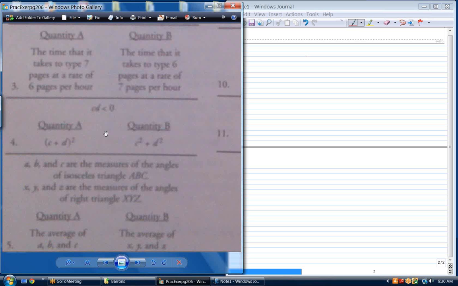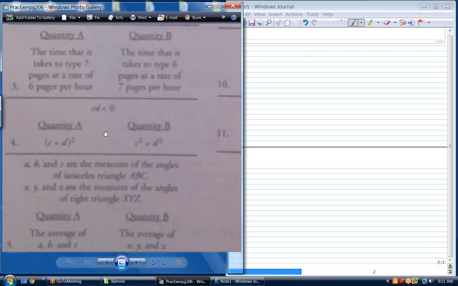Actually not. Is the time in quantity A greater or less than 1 hour? Well, let's see. The time that it takes to type 7 pages at a rate of 6 pages per hour. If they're typing 7 pages, then it's going to be more than an hour.